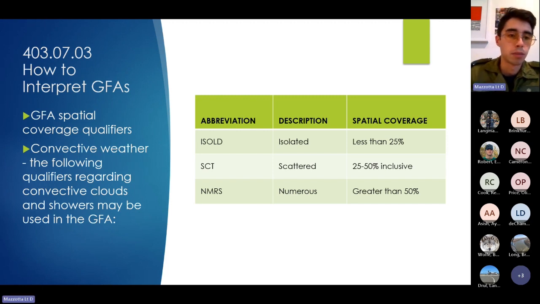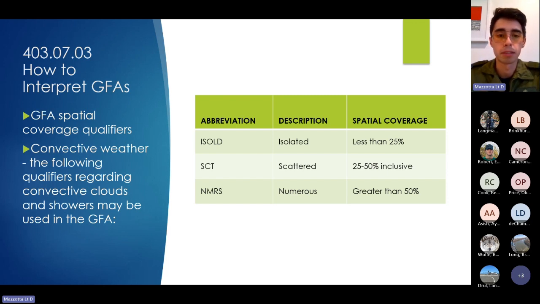Okay. So GFAs use spatial coverage qualifiers. Some things you could see for convective weather, like showers or thunderstorms, have abbreviations in the chart there with their descriptions. Isolated means that the spatial coverage is less than 25% of that area.